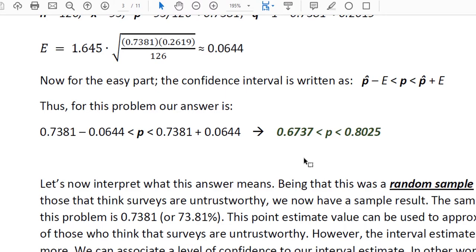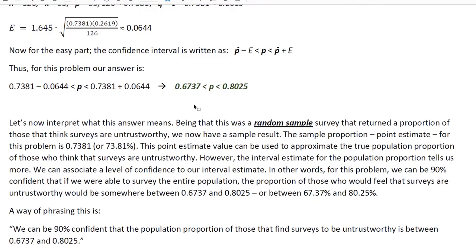So let's backtrack a little bit. First, we took a survey. We had about 126 people in that survey, out of which 93 stated that they find surveys to be untrustworthy. We take that proportion, 93 divided by 126, and we ended up with a number, 0.7381.